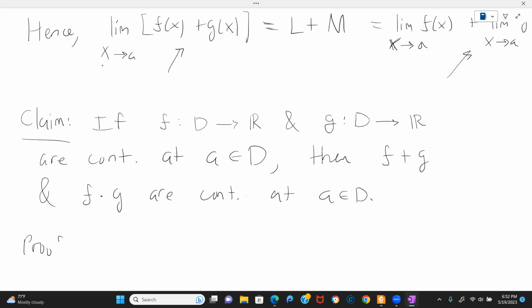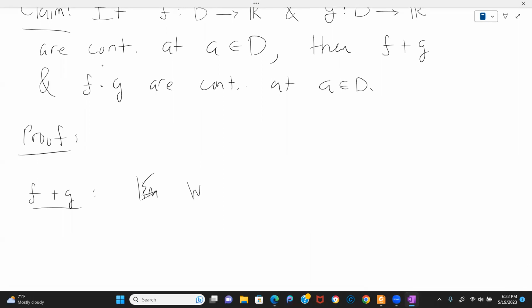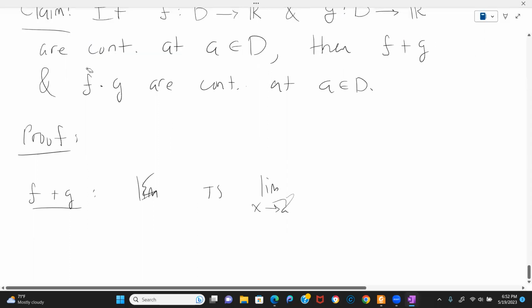So here's the proof. Not hard. Let's do the f plus g case first. So what we want to do is show that when you take the limit, it's almost trivial. Well, okay, let me back up a little bit.